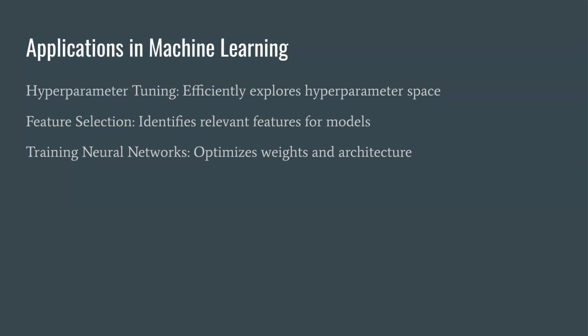These methods are also used for feature selection, helping identify the most relevant features for building predictive models. Additionally, randomized algorithms can optimize the weights and architecture of neural networks, enhancing their training process.